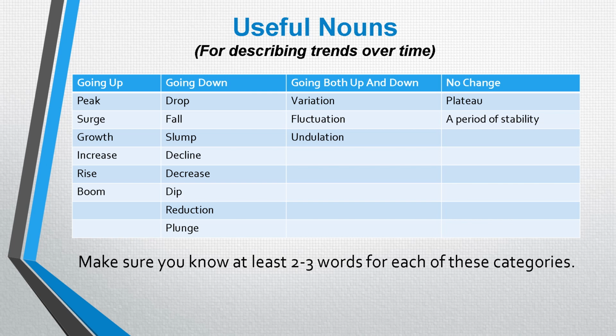And you need to make sure that you know at least 2 to 3 of the words from each of these categories. So you need to have a really good understanding of what these words are and how they should be used. But like I said, just 2 to 3 of these. Remember, you're only writing 150 words, so 2 or 3 of these will be fine.